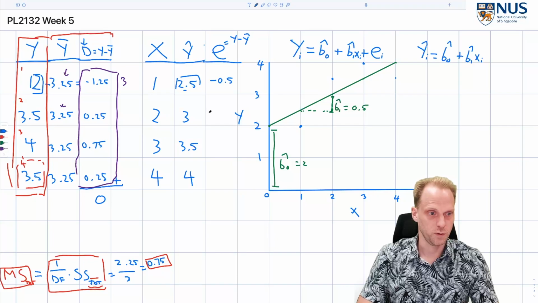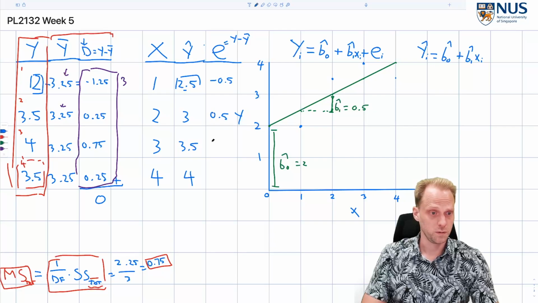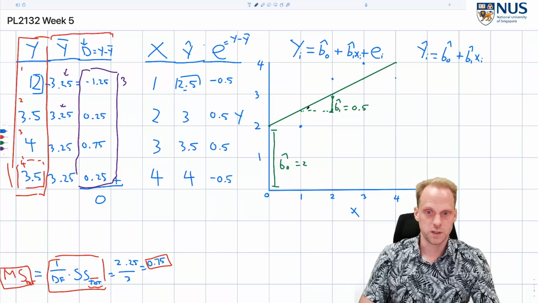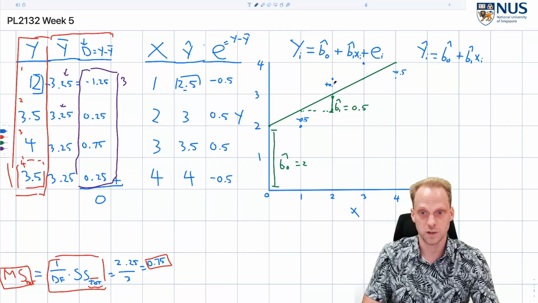For the second value, it would be 3.5 minus 3 is 0.5. For the third value, it would be 4 minus 3.5 is 0.5. And for the last value, it is 3.5 minus 4 is minus 0.5. We can see that here because here we have a deviation of minus 0.5, where here we have plus 0.5.